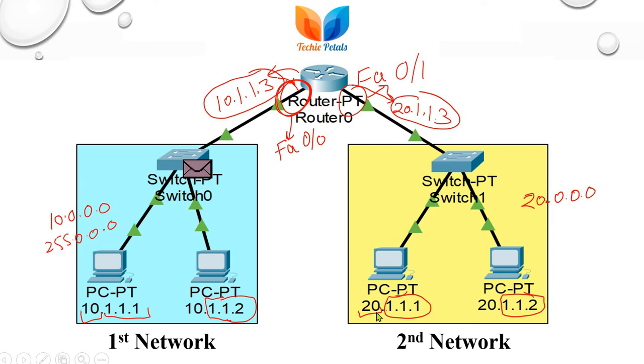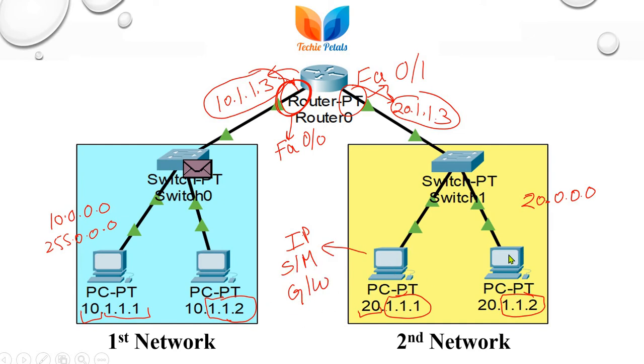For these systems as well we need to define three things. One is the IP address for every network host, means for every host connected to the network we need to define an IP address, subnet mask, and third is the gateway. So for every system, every host, we need to define IP address, subnet mask and the gateway.